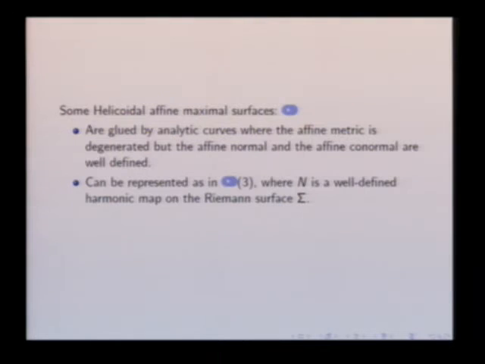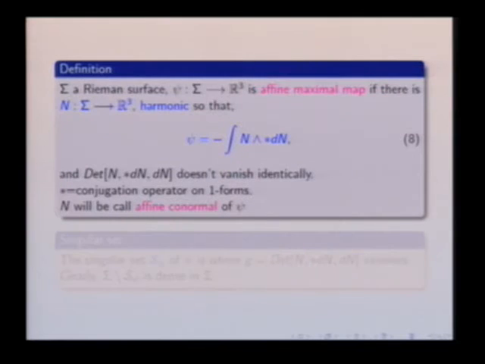Moreover, all of them can be represented using the Lelièvre formula. So we can think of studying some kind of singularities in this kind of surfaces, in this kind of affine maximal surfaces.